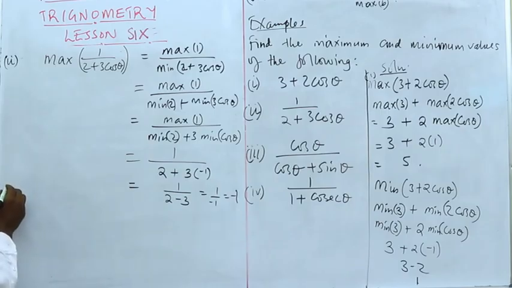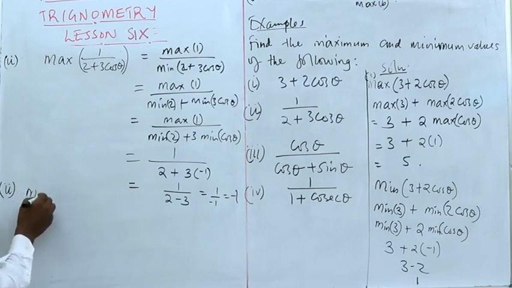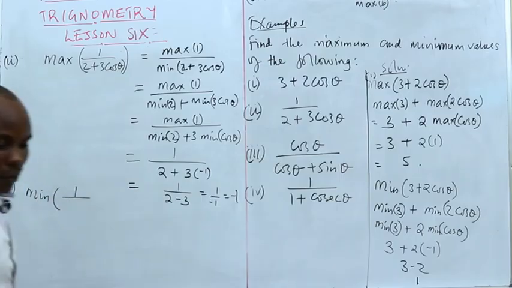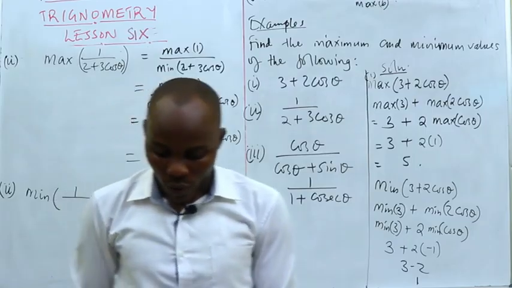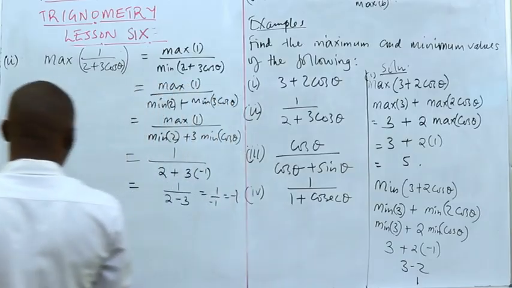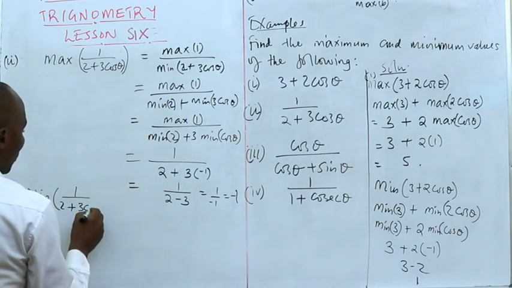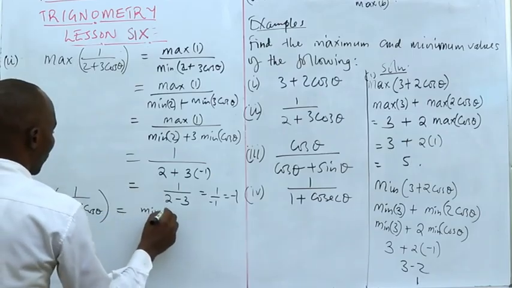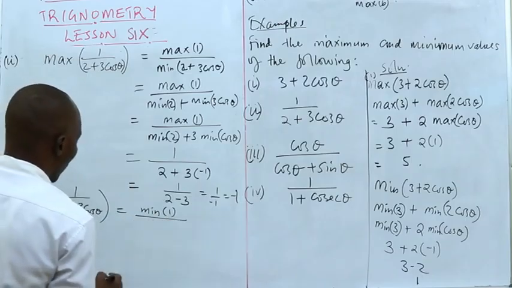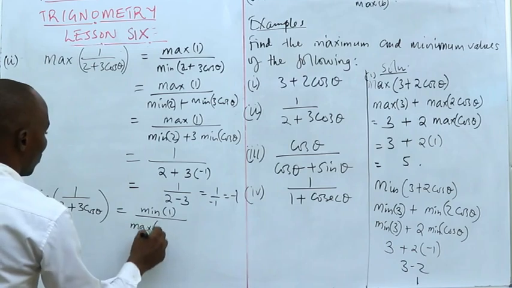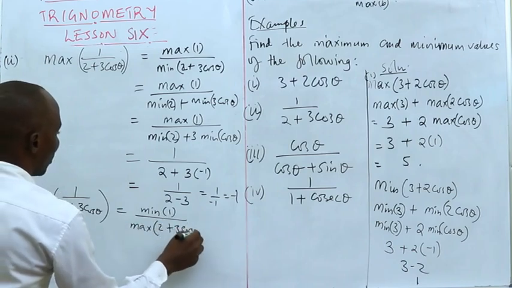Then if it is the minimum of 1 over 2 plus 3 cos theta, this one will be the minimum of 1 over the maximum of 2 plus 3 cos theta.